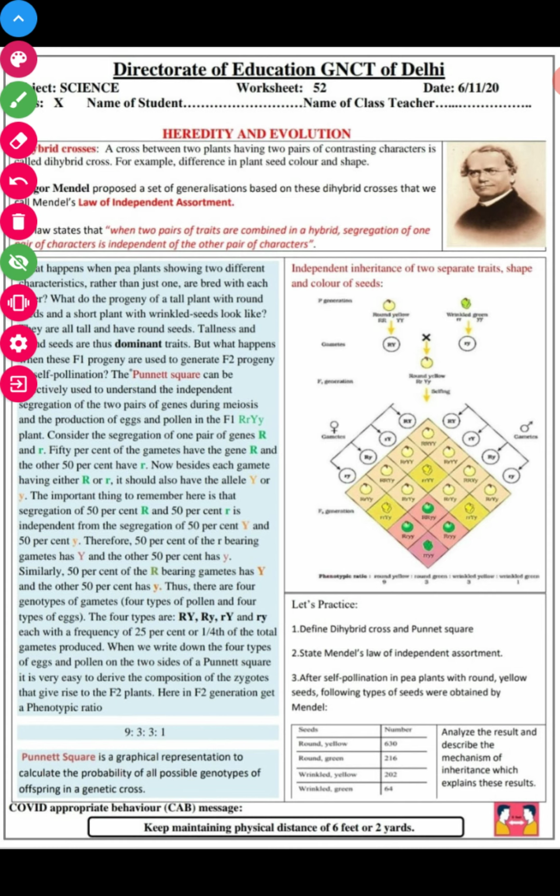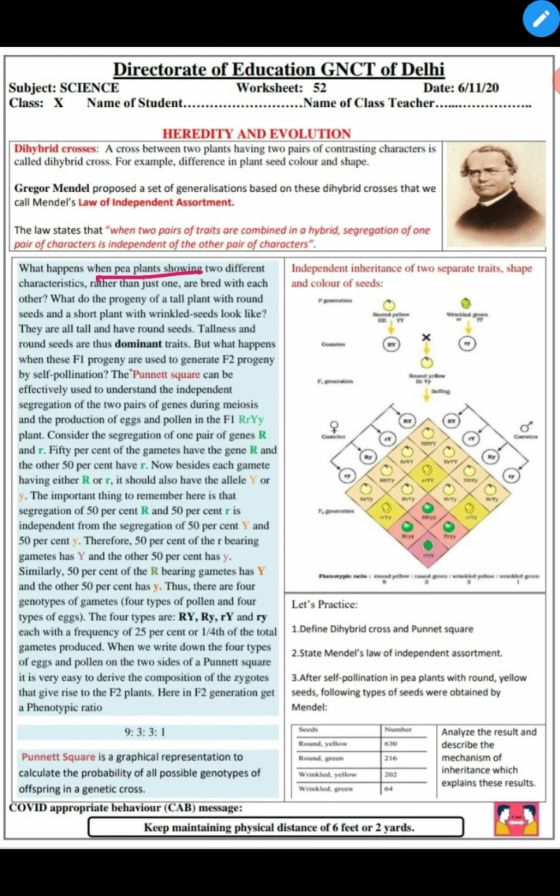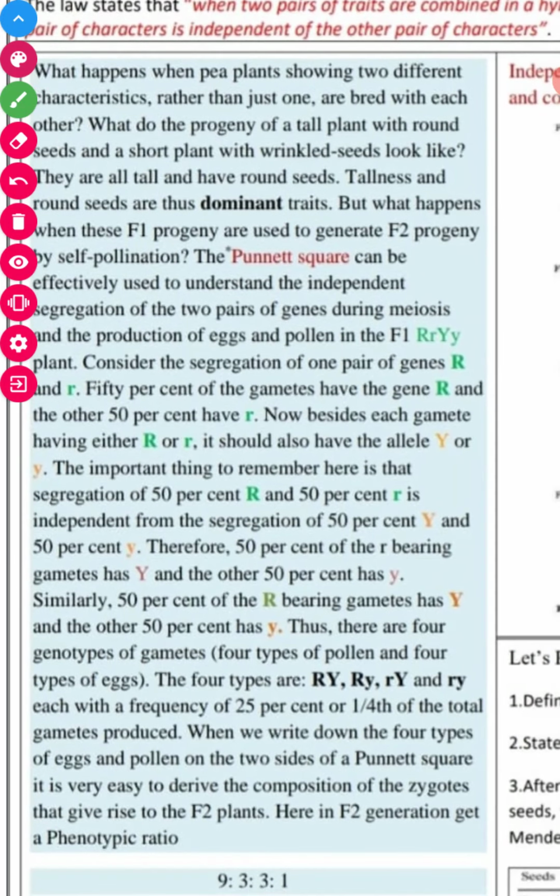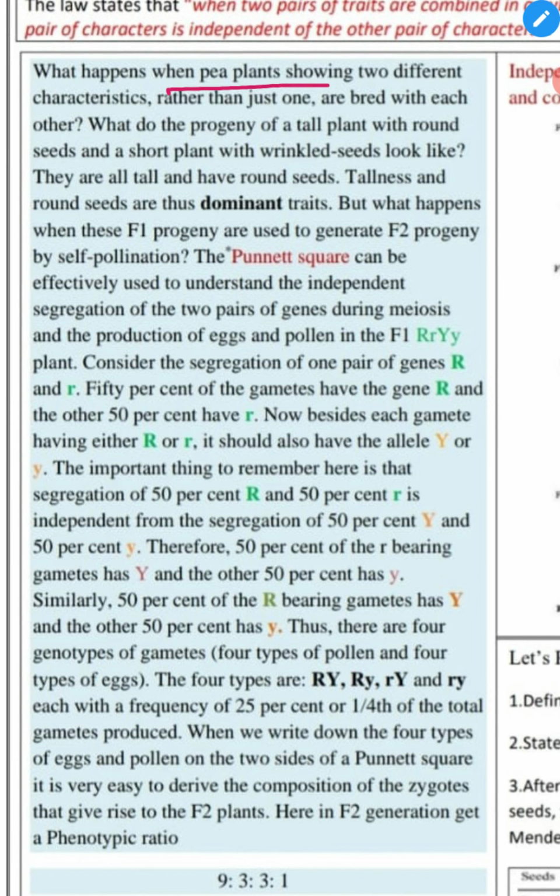First, when pea plants showing two different characteristics rather than just one are bred with each other, what do the progeny of the tall plant with round seed and the short plant with wrinkled seed look like?